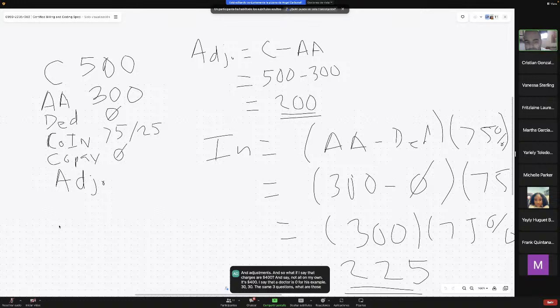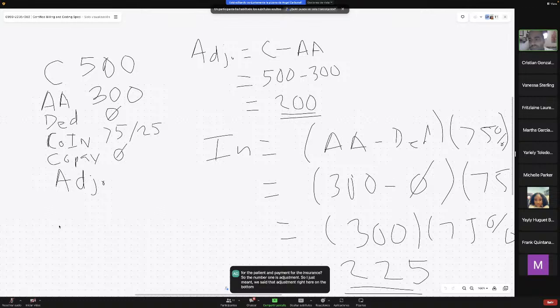What are those three questions? Well, the three questions are going to be, what is the adjustment? What is the payment for the patient and payment for the insurance? So the number one is adjustment. So adjustment, we said that adjustment is right here on the bottom.